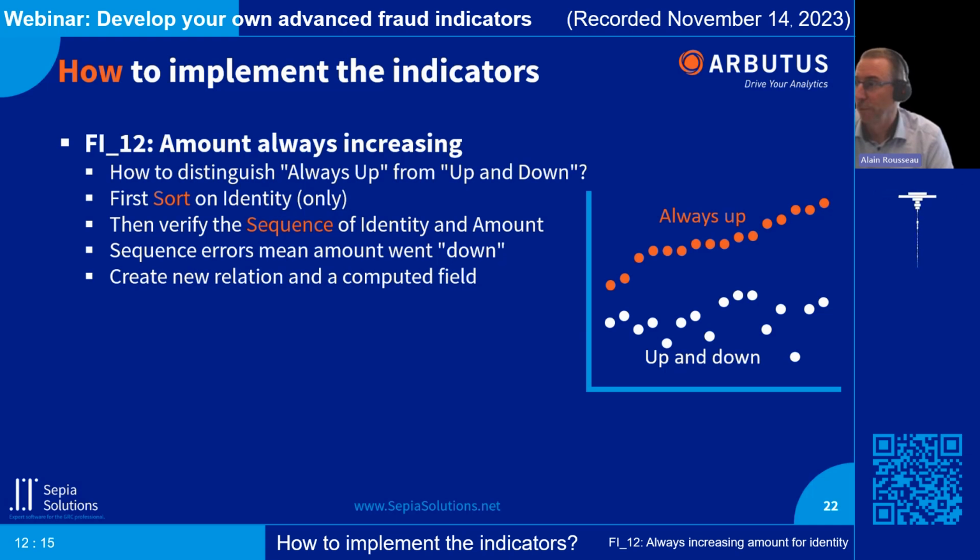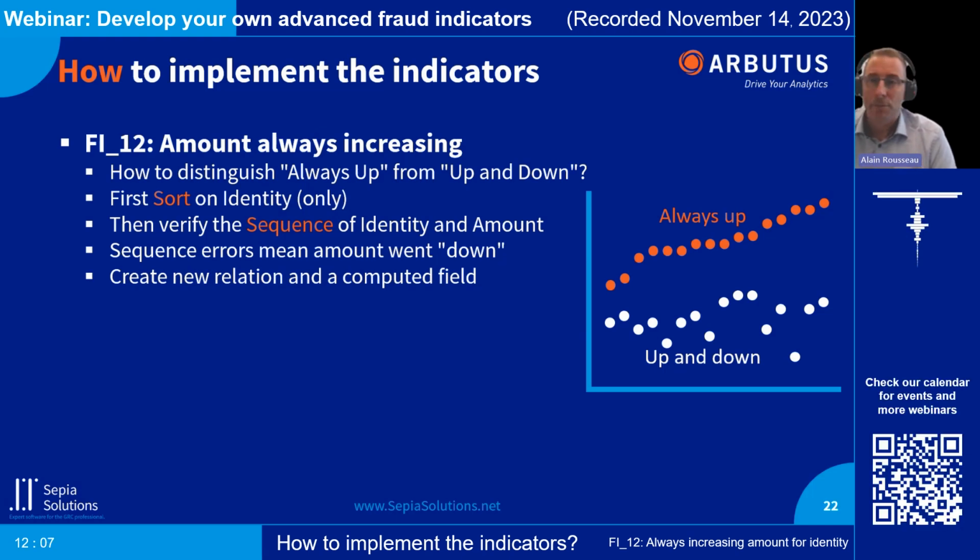And I found that. So first of all, I am going to sort the dataset by identity, leaving the amounts in whatever order they are. Then I'm going to check that newly created table that I did with the sort and see whether there are sequence errors, as we call them, on the amount, meaning that the amount goes down for that particular identity.